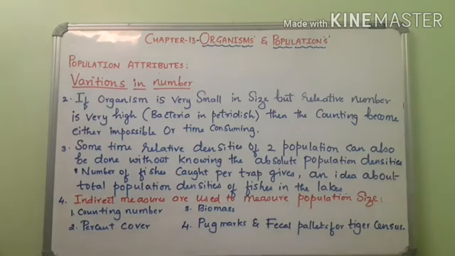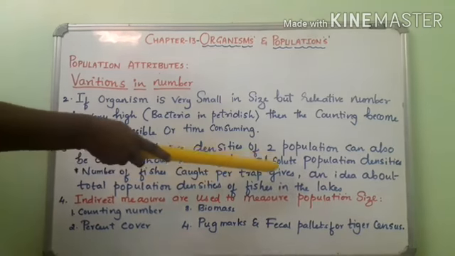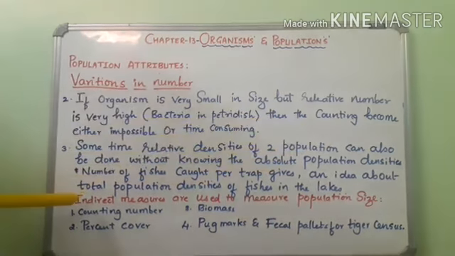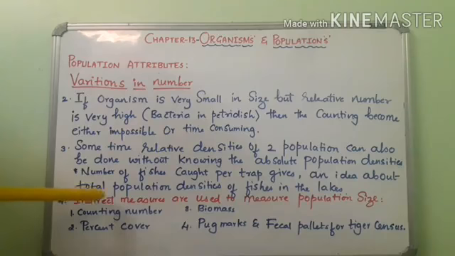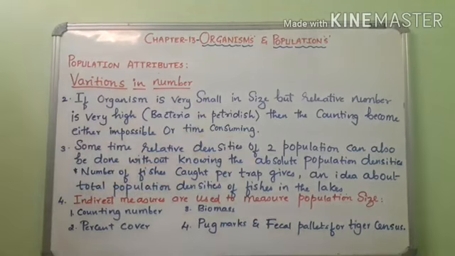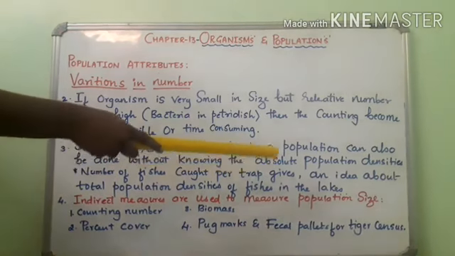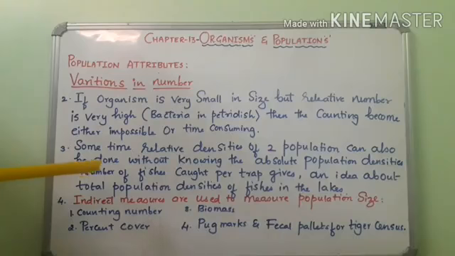Here an example is given. The number of fishes caught per trap gives an idea about the total population density of fishes in the lake.